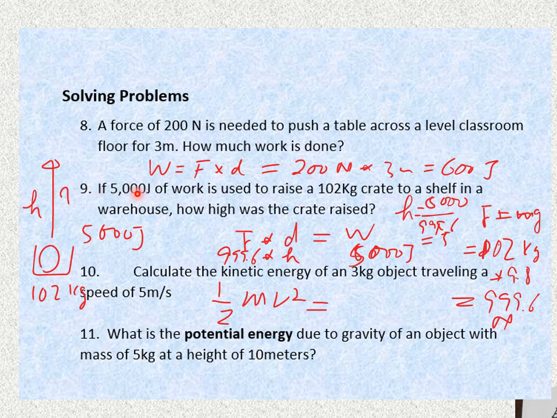And number 9 is a little bit harder. So 500 joules of work is used to raise a 102 kilogram crate to a shelf in a warehouse. How high was the crate raised? Or we could say it another way, here is the crate with 102 kilograms, that's the mass.